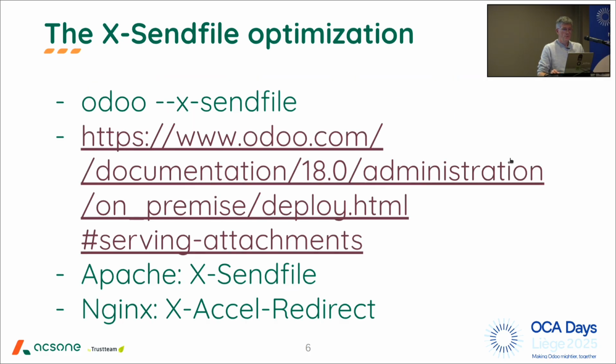Odoo, since a few versions, has an optimization to this mechanism. This is the xsend file option. It is in the Odoo documentation. I put the link here. With the Apache proxy, it's called xsend file. In the nginx documentation, it's called x-accel-redirect. It's the same basic principle.